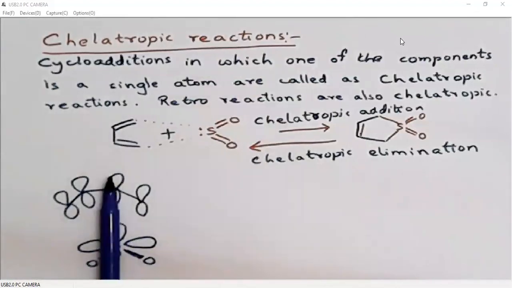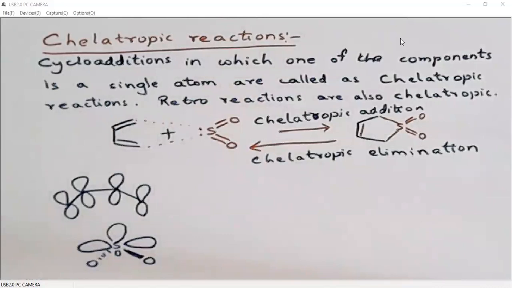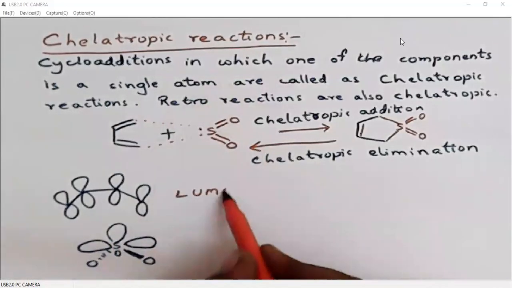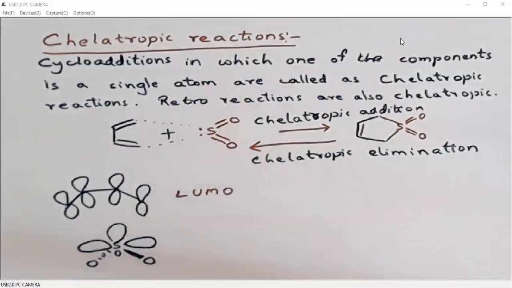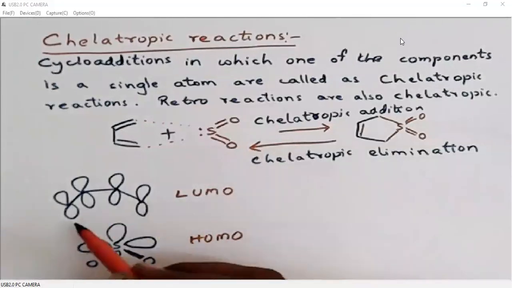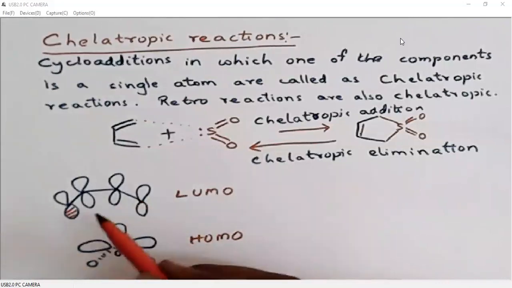This sp2 hybrid orbital is like this, whereas this unhybridized p orbital is like this. Now, as I said, the bonding may occur between the LUMO of the diene and the HOMO of this. So first we will write the LUMO. What is the LUMO? It is Psi3.